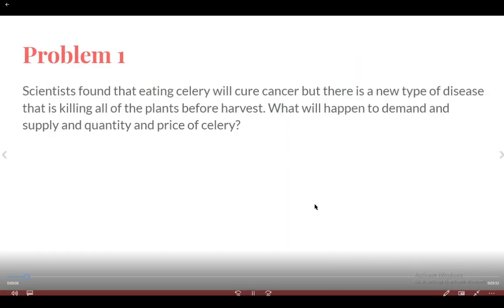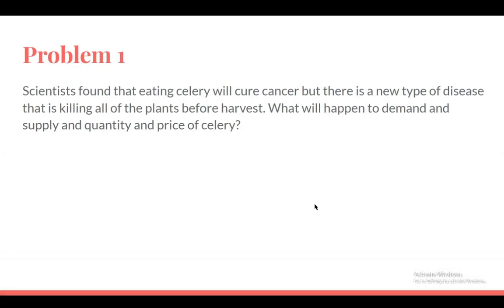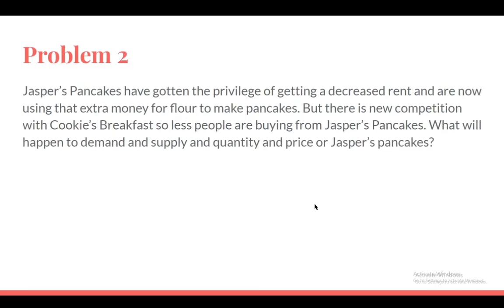Problem 1. Scientists found that eating celery will cure cancer, but there's a new type of disease that is killing all of the plants before harvest. What will happen to demand, supply, quantity, and the price of celery? Pause. Problem 2.